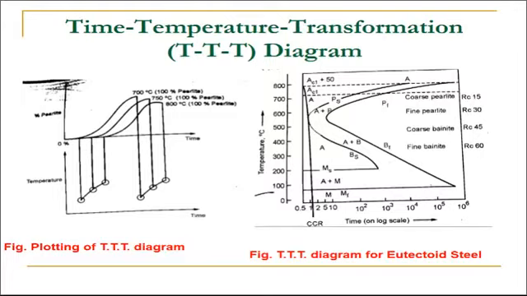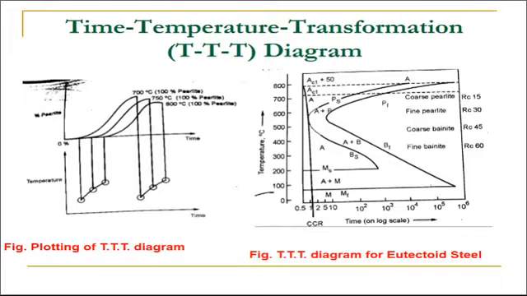The TTT diagram indicates when a specific transformation starts and ends, and it also shows what percentage of transformation of austenite at a particular temperature is achieved. The TTT diagram is also known as the S curve or C curve or isothermal transformation curve or diagram. At very high rates of cooling or quenching, a metastable phase called martensite is formed in steels.